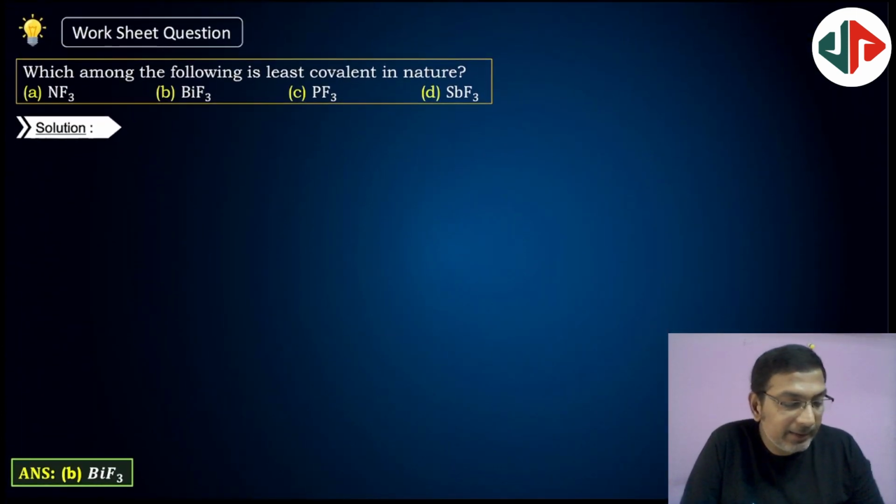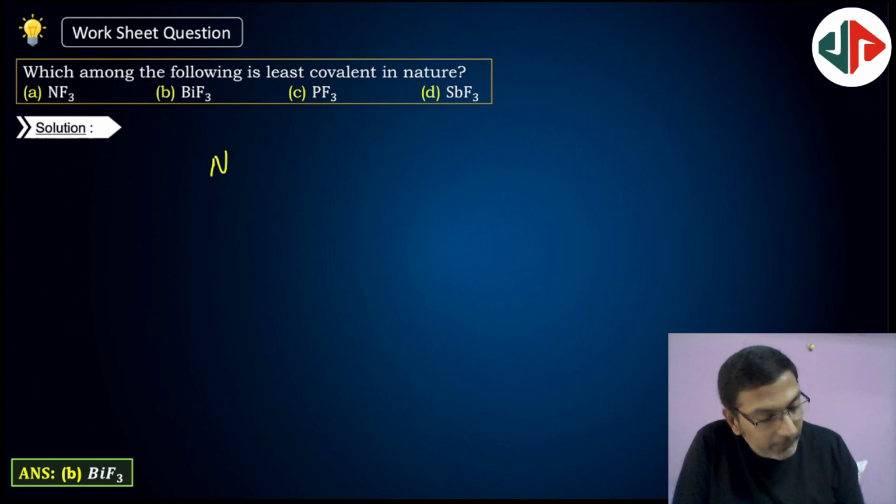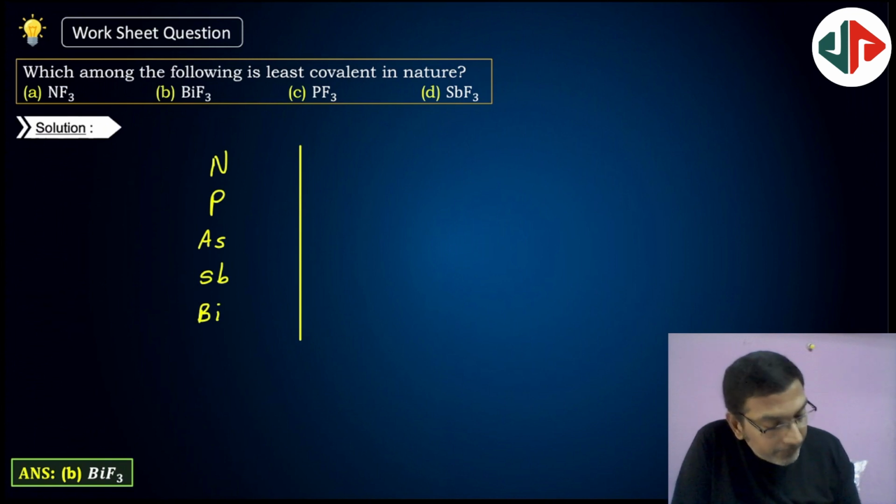Among the following, the least covalent in nature. Least covalent. That means nitrogen, phosphorus, arsenic, antimony, and bismuth. So in this direction, that means top to bottom, metallic nature increases, due to increase of size.